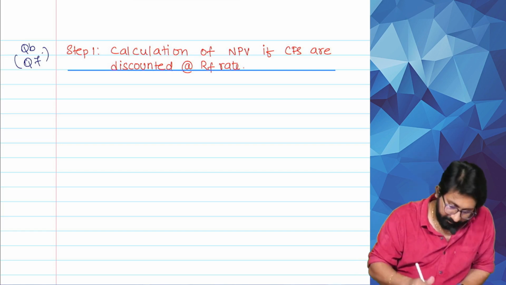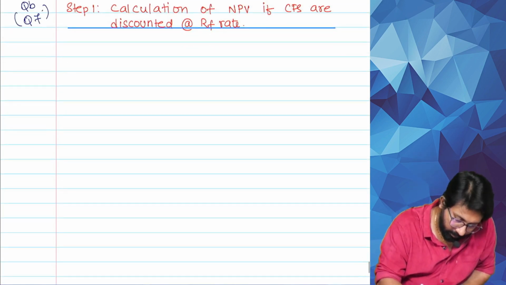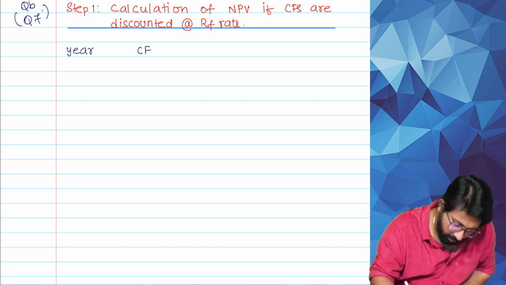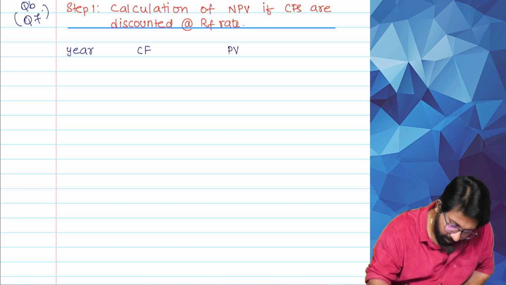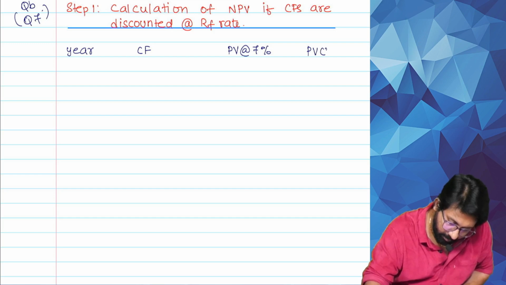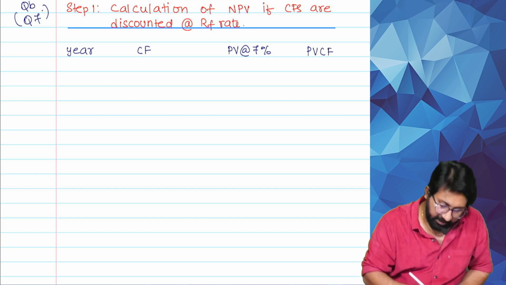Okay. Write down. Year, cash flow, PV at the rate of, what is the risk-free rate? 7%. PVCF.